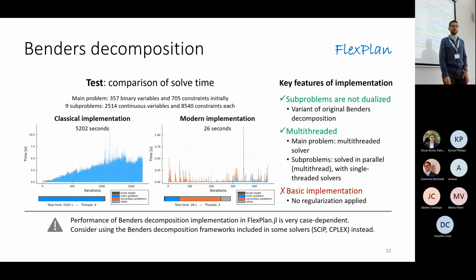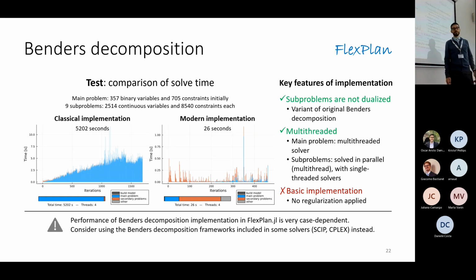But it is widely known that this kind of decomposition also suffers from an excessive number of iterations to reach convergence. So the implementation also includes some regularization terms as a means to speed up the convergence by penalizing changes in investment decisions in consecutive iterations.